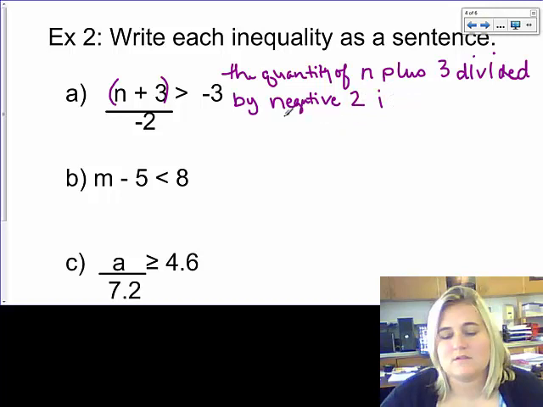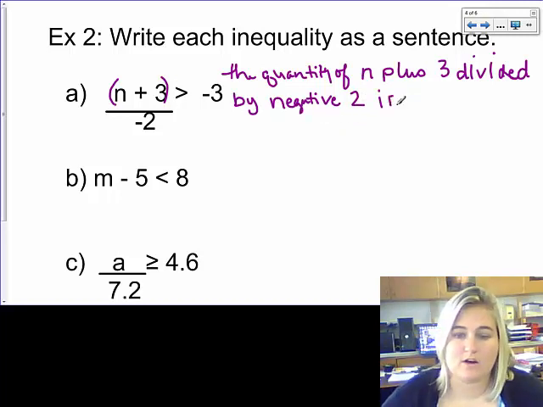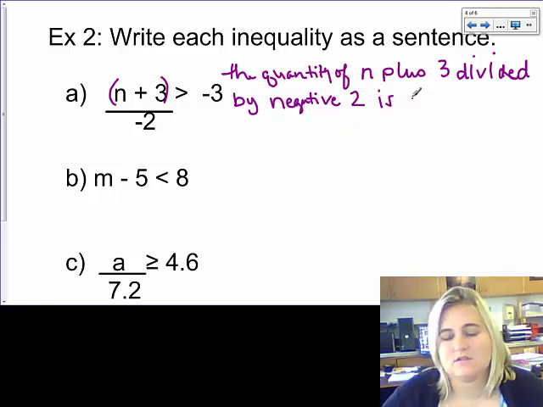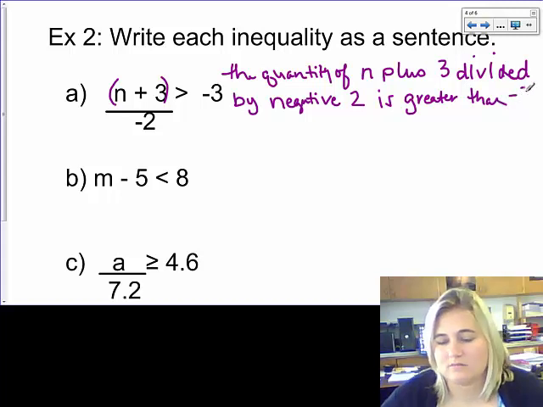This sign is greater than, so we're going to say is greater than -3, which I'm just going to write like this. Okay.